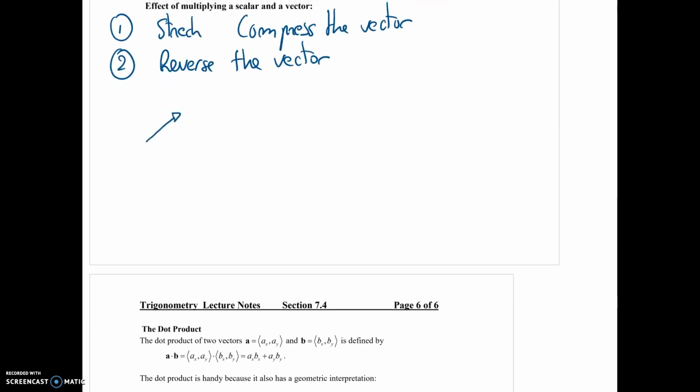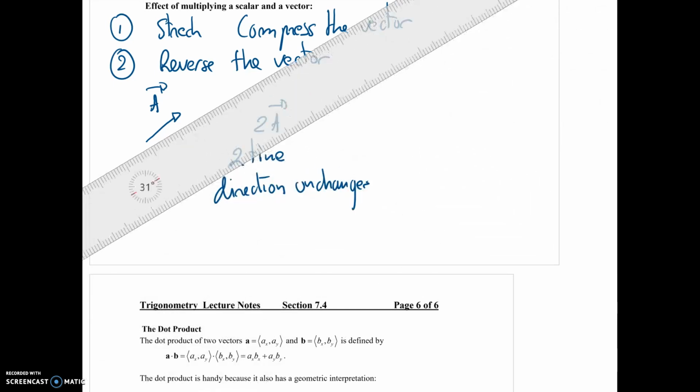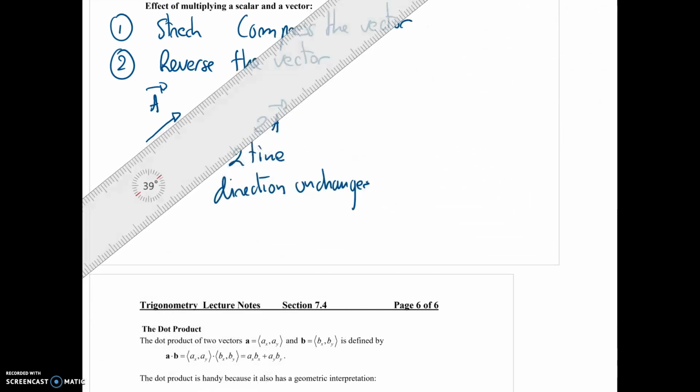So if you have a vector A right there, and then you want to have 2A, which is 2 times the vector A, the direction is unchanged. So if I want to do that properly, I'm going to do it this way.